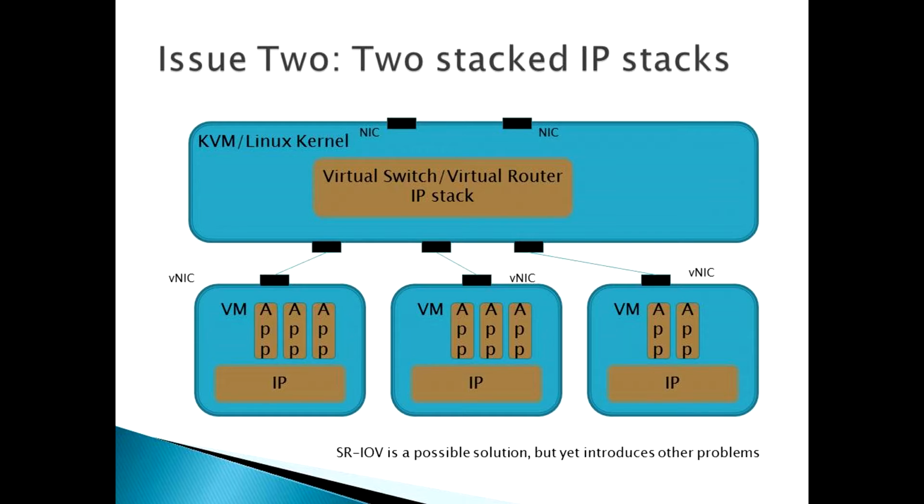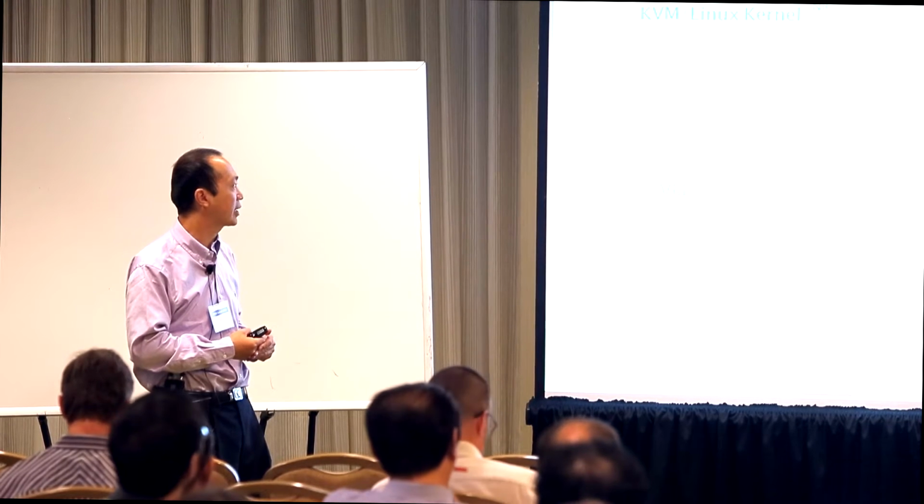So these two IP stacks overlapping and working on each other can cause some problems. Like people mentioned before, there's SR-IOV. SR-IOV can provide a way to bypass the Linux kernel in the host in a certain way. It provides a possible solution. But in detail, we found that it can introduce other problems like VM portability.